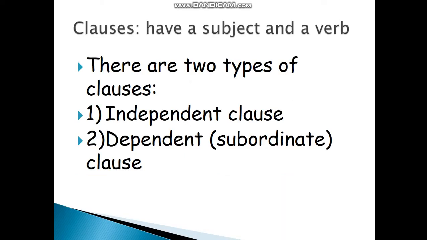Now let's begin. Remember when I told you last week about simple sentences? When you write simple sentences, there should always be a subject and a verb. A subject is always going to be a noun. Okay? Clauses have the same meaning.